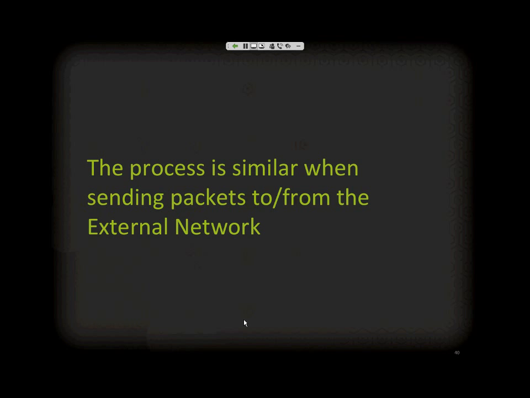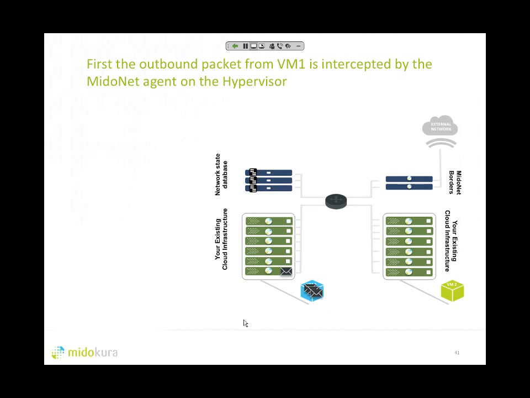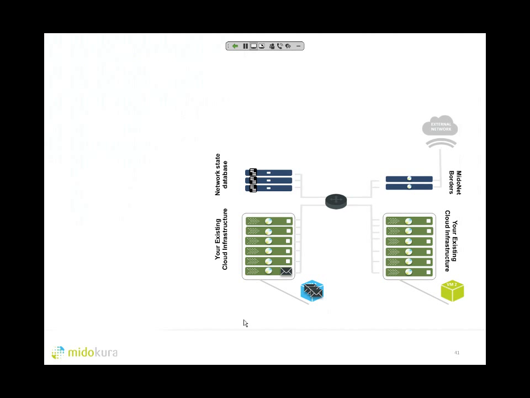A similar process is done when sending to the external network or the internet. In this case, the first outbound packet from the VM is intercepted by the MidoNet agent.